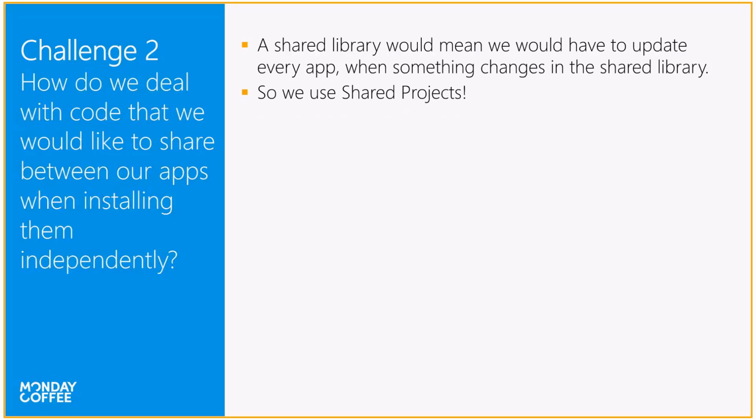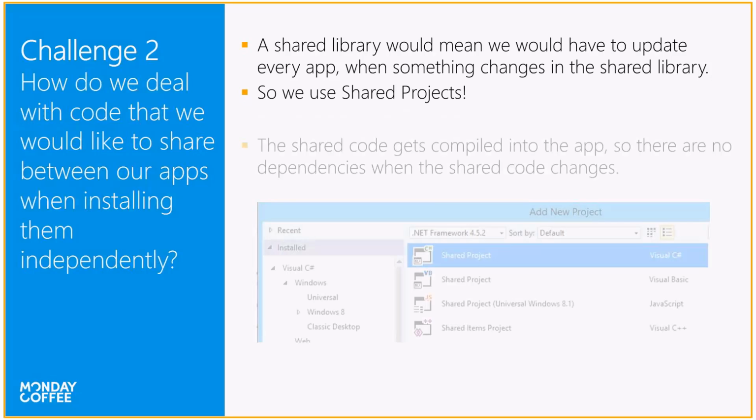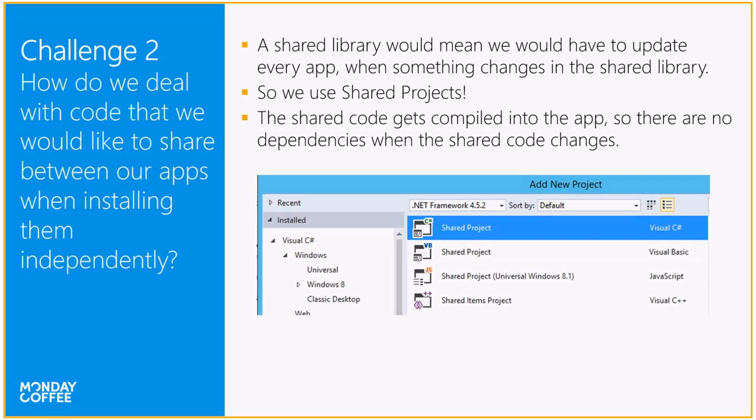So what we are using is shared projects. When you use a shared project, the code actually gets compiled right into the DLL of the corresponding app. This makes our apps very independent from each other.